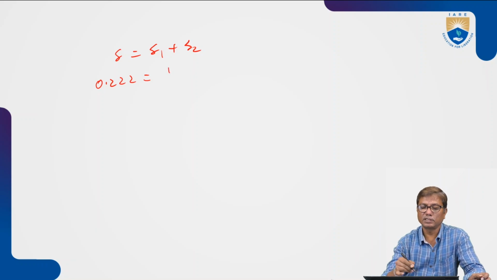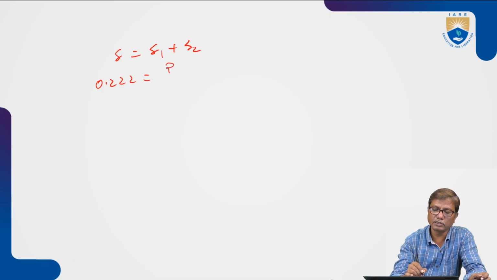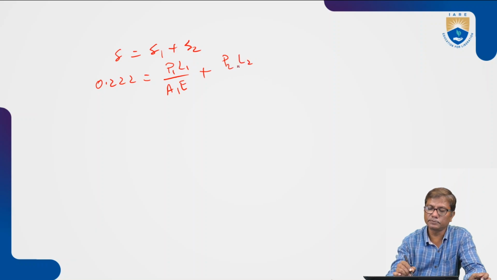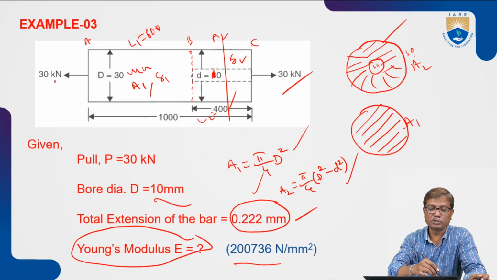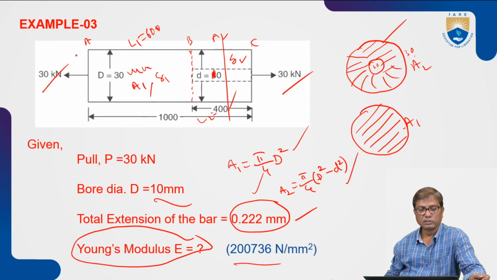And what is delta 1? P1 L1 by A1 E. E is same. P2 L2 by A2 E. So what is the load P on both the portions? The tensile force of 30 kilonewtons is acting.